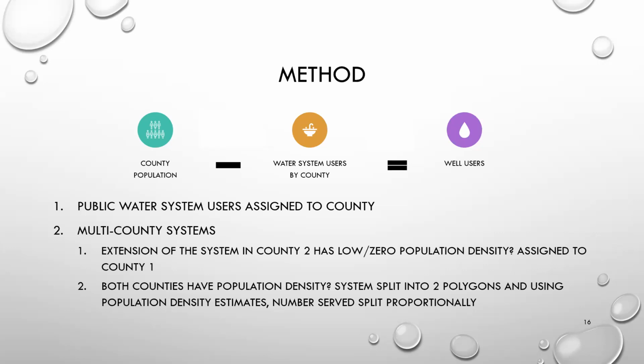So for those, if the extension into the second county had really low or no population density, then it was assigned to the primary county. If there was kind of equal population distribution, then the number of people served by system was split proportionally.